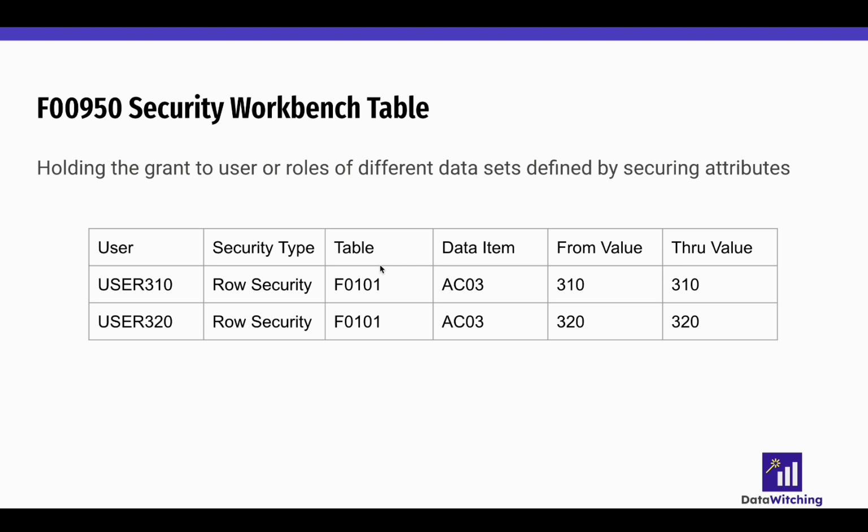The column label table indicates the table that is being secured. For our example, we are securing the address book F0101, which serves as the customer master in GDE. The data item column denotes the specific item that is under data security within this table.